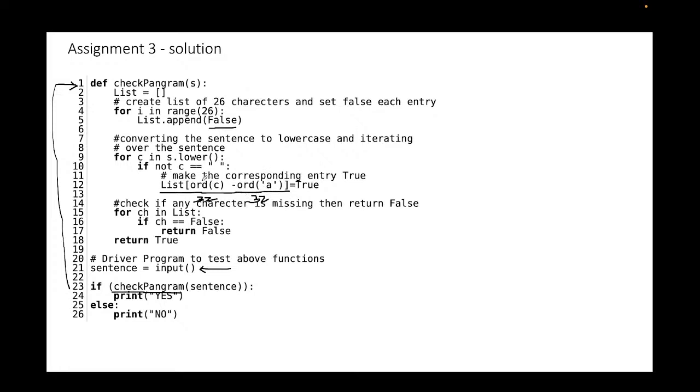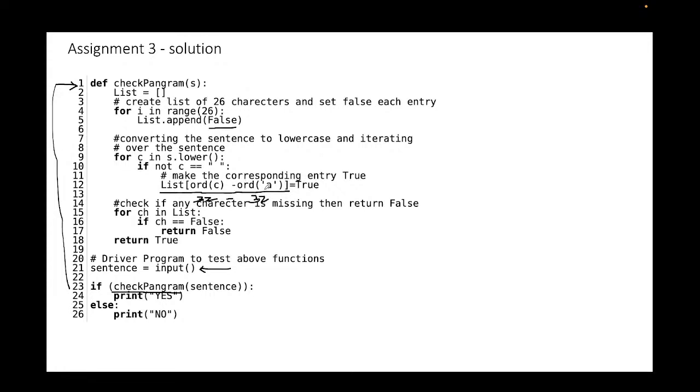And then each alphabet in the given sentence will be iterated using the iterator C. So if this C is equal to A, the ASCII value of the A that we found in the sentence is 32, and the ASCII value of standard alphabet A is also 32. So effectively they cancel out to be 0.